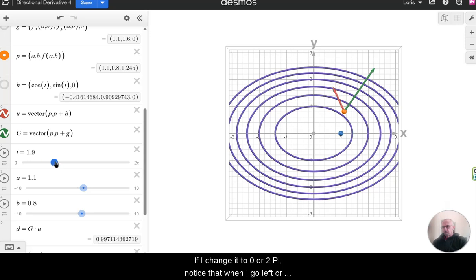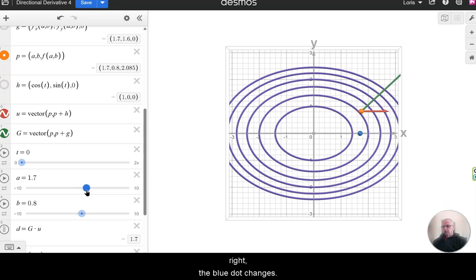If I change it to 0 or 2 pi, notice that when I go left or right, the blue dot changes, and as I go up and down, the blue dot does not change at all. Even though it looks like the directional derivative changes as I'm going up and down, the blue dot just stays constant.